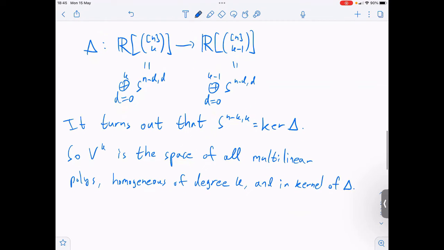Okay, so this is what I think of as an explicit description of this kth eigenspace of the Johnson and Kneser graphs.